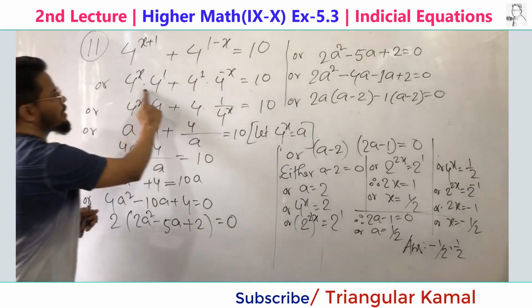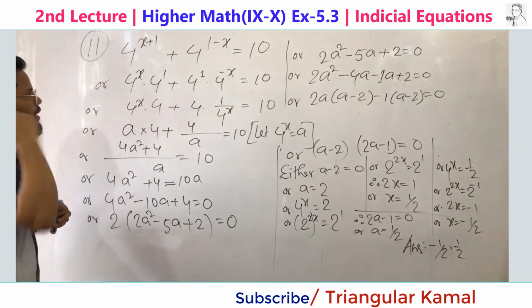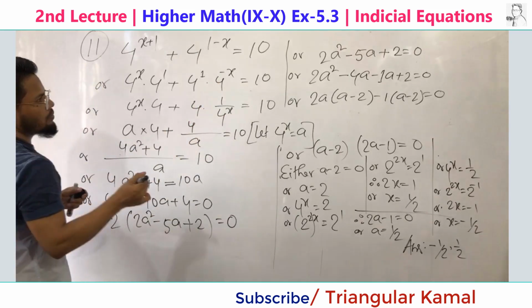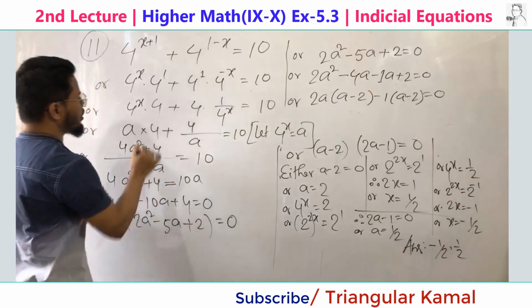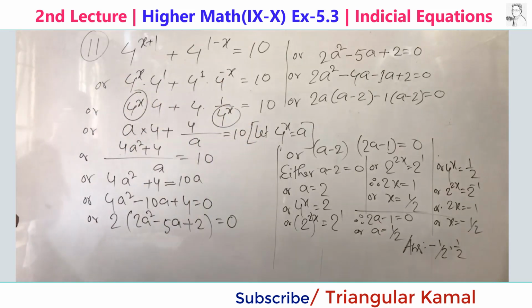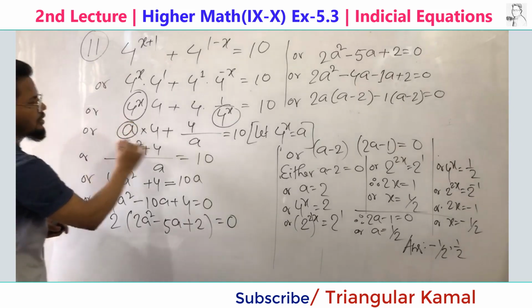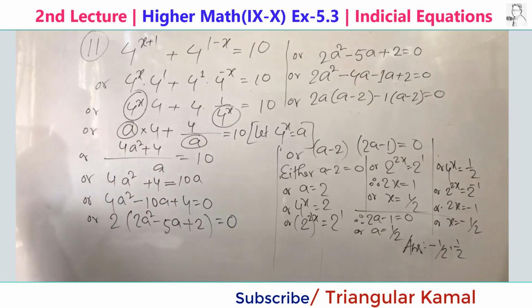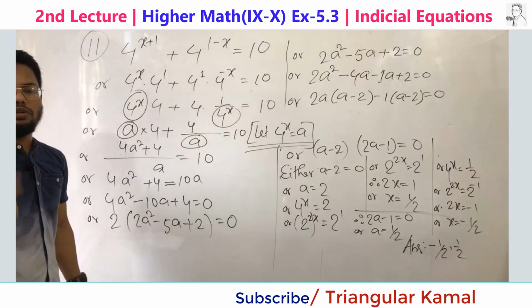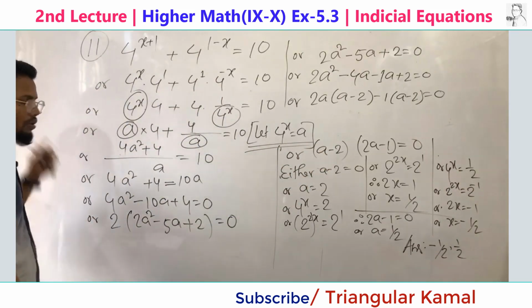Already we discussed these topics in previous maths, and the minus 1 shifted becomes 1 by something, that is 1 by 4 to the power minus 6. Now this 4 to the power x, considering it as a, you can write 4 to the power x equals p, q, or whatever you want.